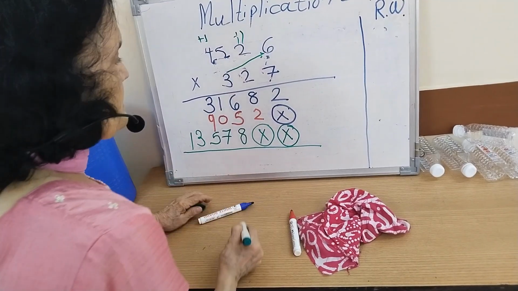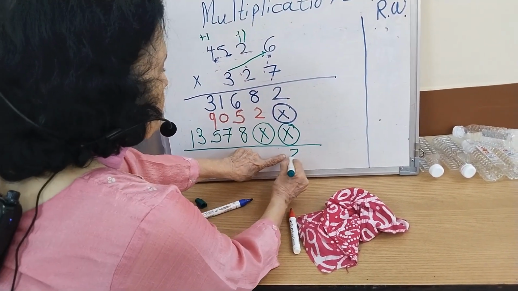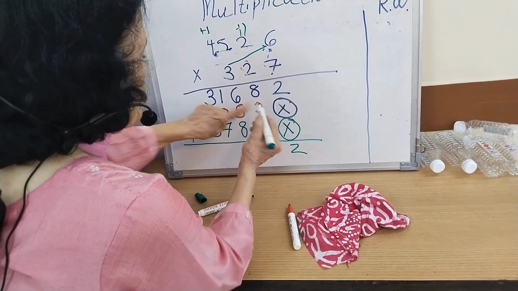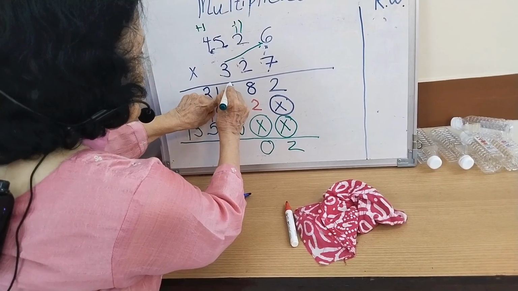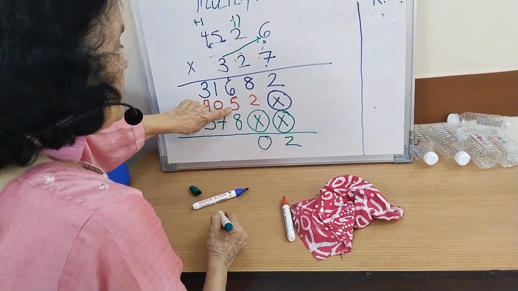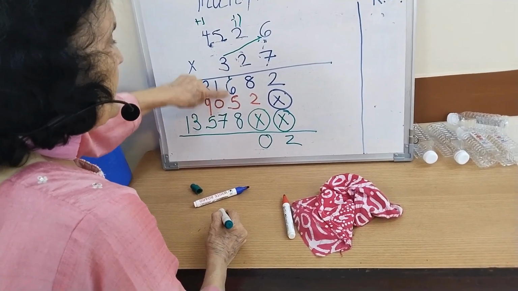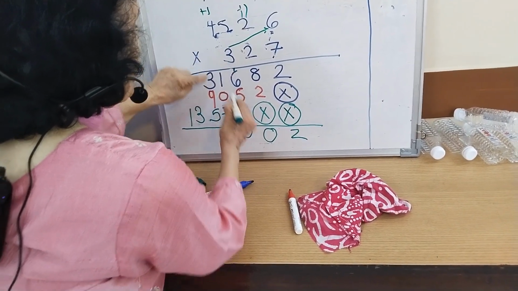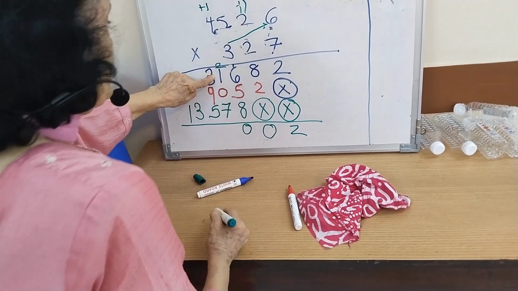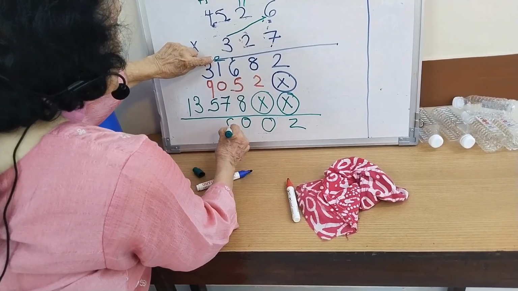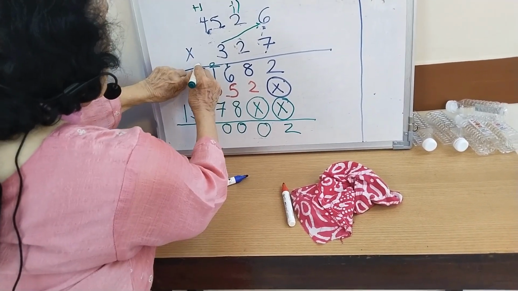So our answer is 2. 8 plus 2 are 10. So 0 here, 1 addition here. 8 plus 5 is 13, plus 6 is 19, plus 1, that is 20. 0 here, 2 addition here. 7 plus 8 is 15, 16... 0 here, 1.